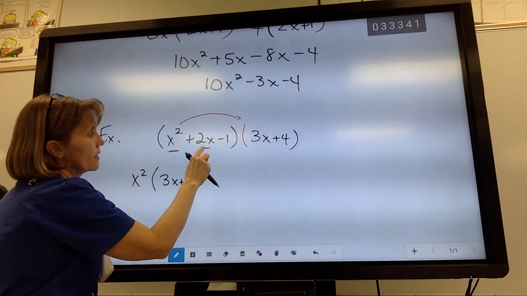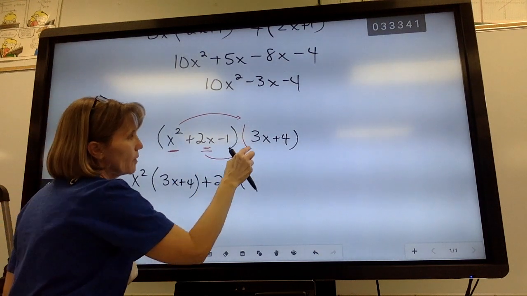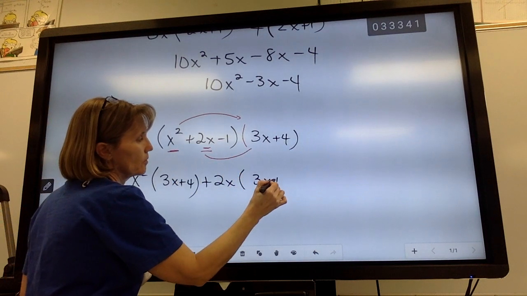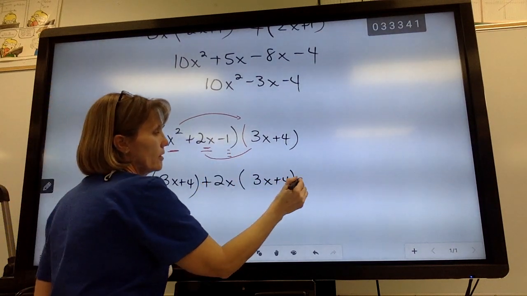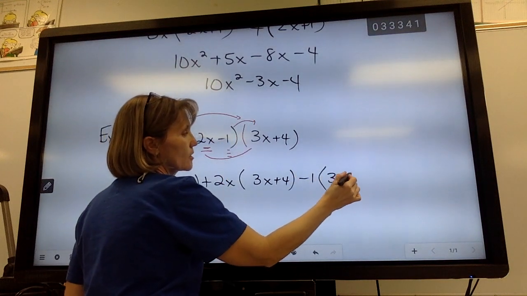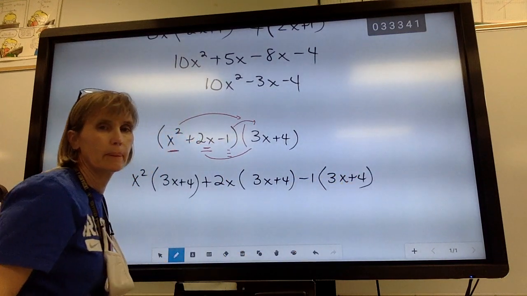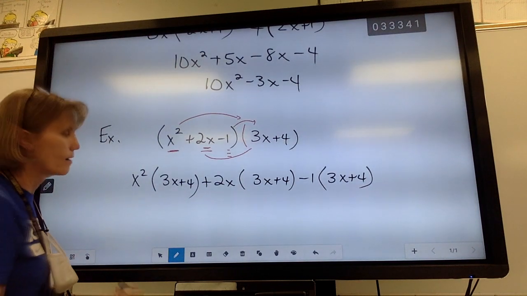And I'm going to take this next term, plus 2x, and multiply it times the 3x plus 4. And then I've got my last term here, negative 1. I also have to take it times the 3x plus 4. So you just keep going in that same pattern, regardless of how many terms you have.